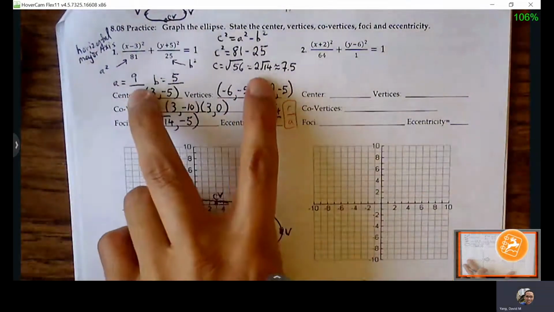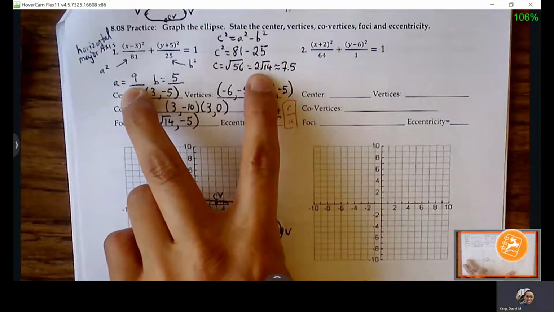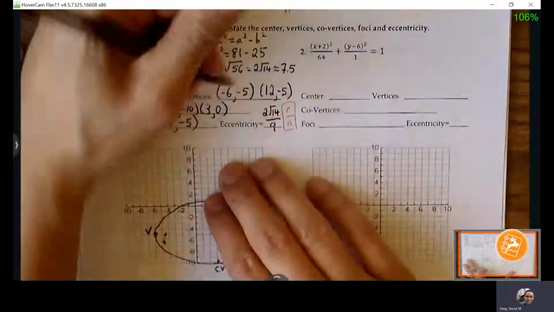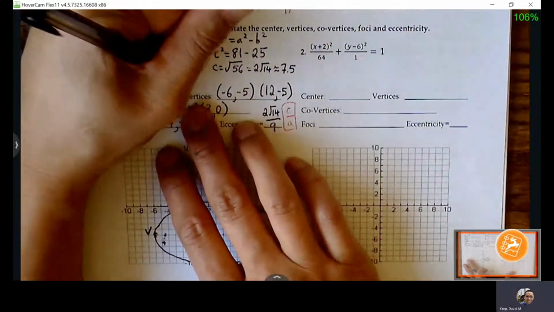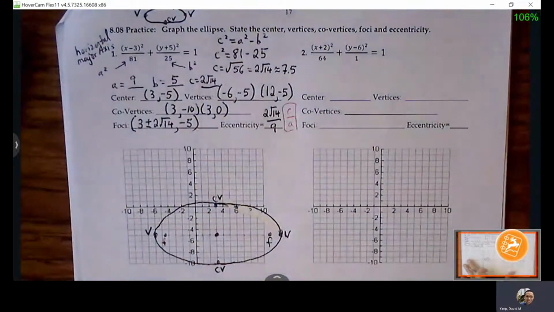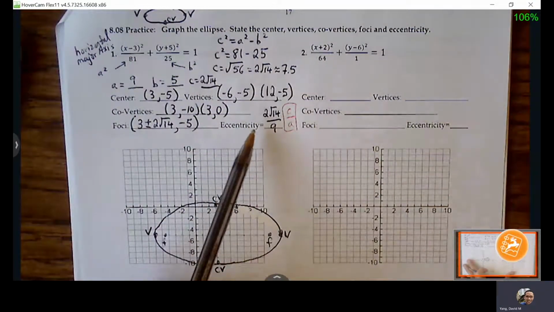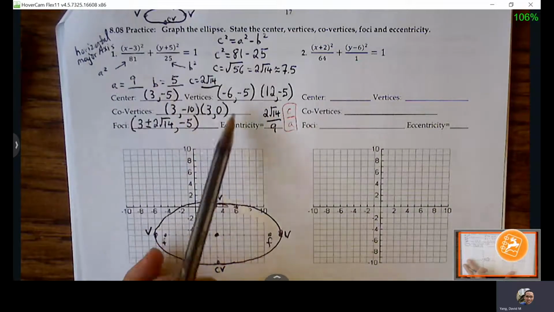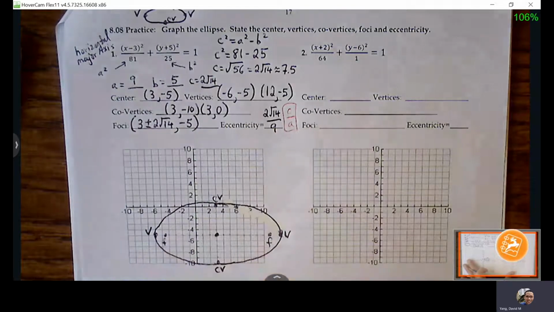So it's just 2 root 14 over 9. Yeah. Okay. C value is 2 root 14. My A is 9, so 2 root 14 over 9.